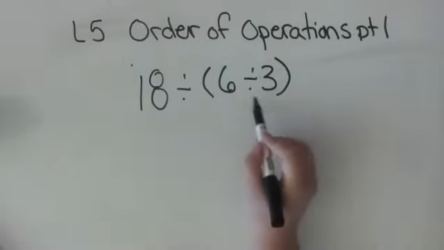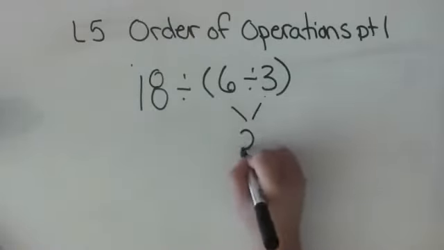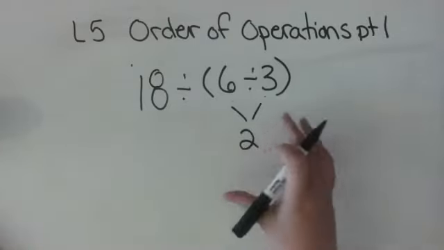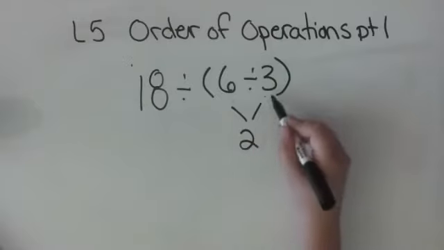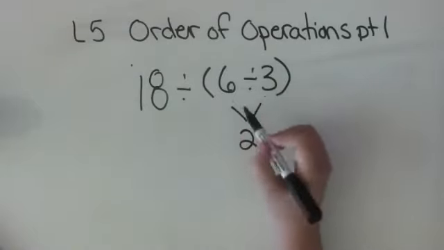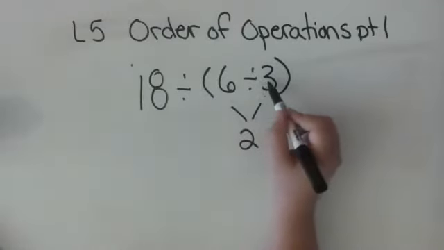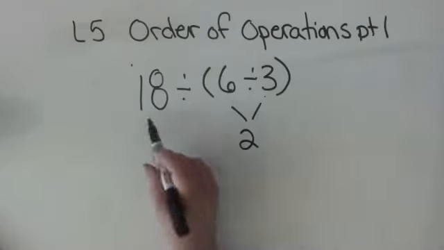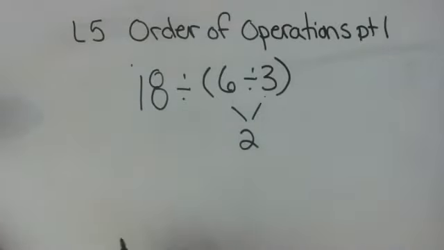So we're going to do 6 divided by 3. 6 divided by 3 is 2, because remember our connection between multiplication and division: 2 times 3 is 6. So 6 divided by 3 is 2, which means we're now dividing 18 by 2 because our parentheses have told us what to do first.